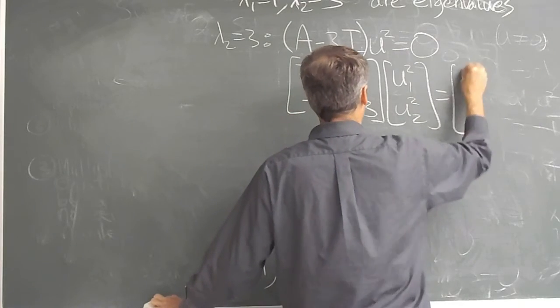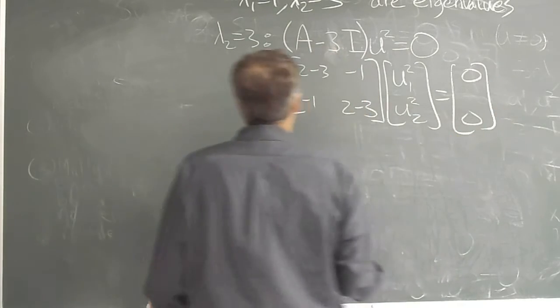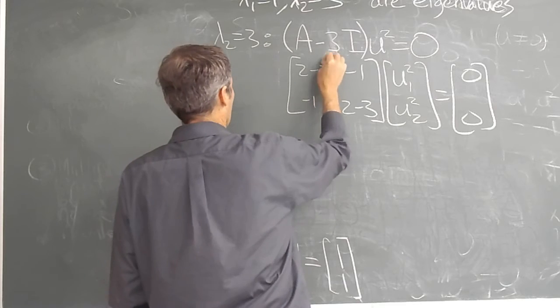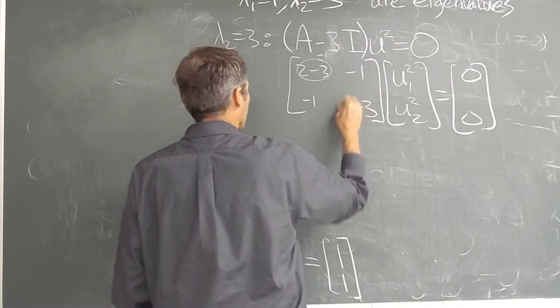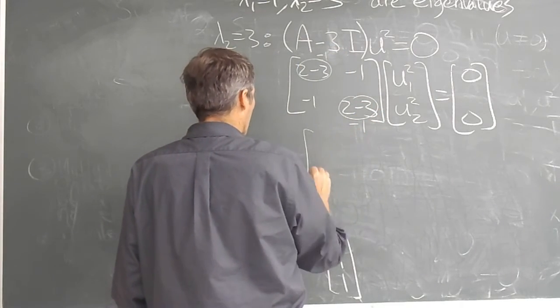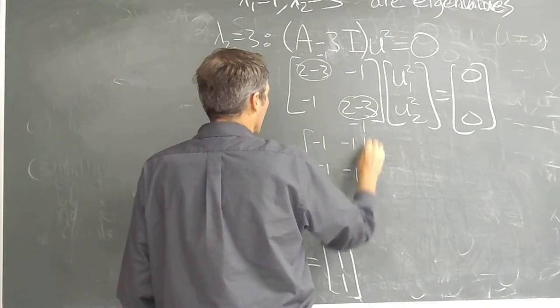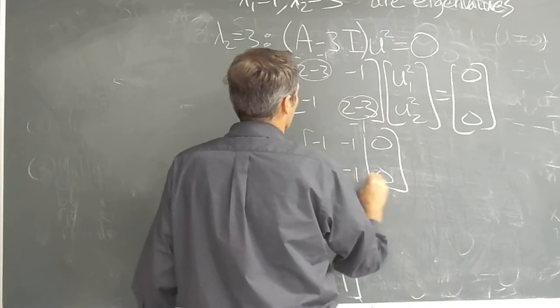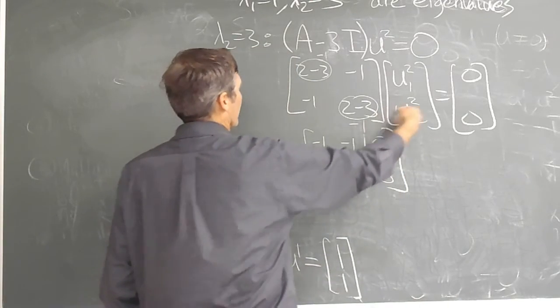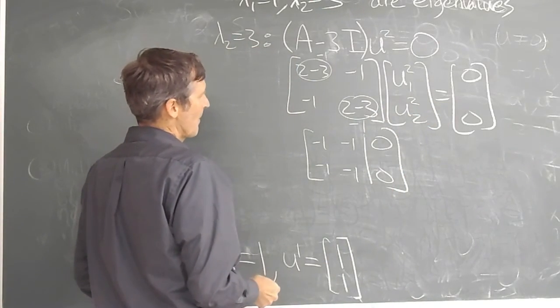I get this system of linear equations. As before, this is now minus 1 and this is now minus 1. This is equivalent to the augmented system, minus 1, minus 1, minus 1, minus 1, 0, 0. This is the same system, just written with a bar here instead of all this stuff in the middle.